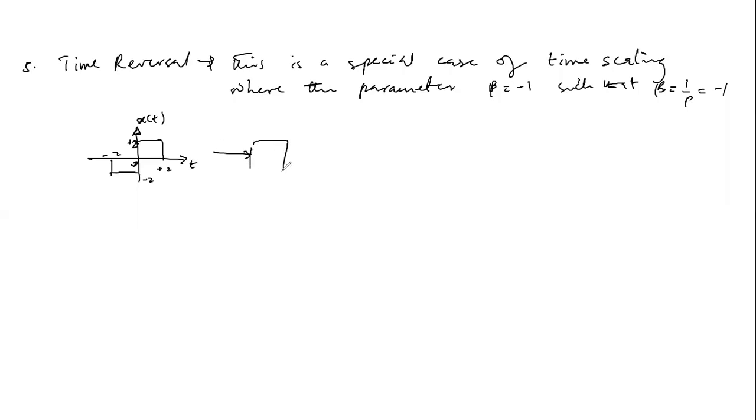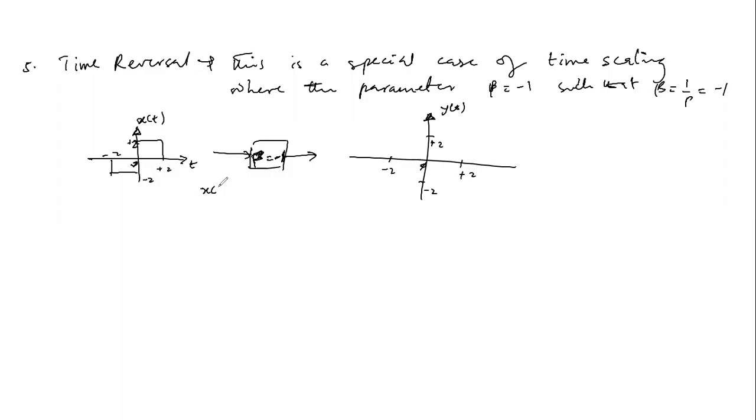If we feed this into a system where beta is the same as -1, then the output is going to look something like this. So we have -2, we have +2, we have -2, then we have +2, this is 0. So in this case, this is the output y of t, okay?